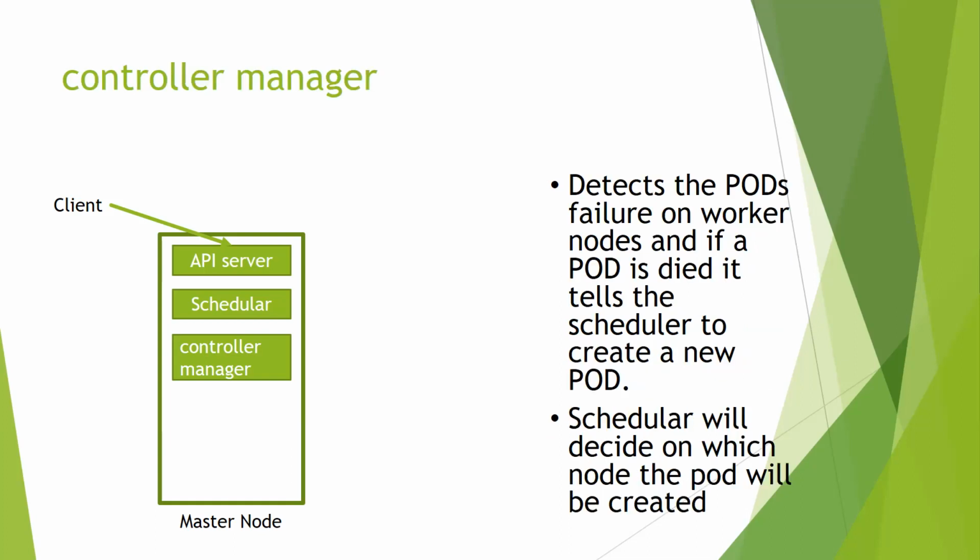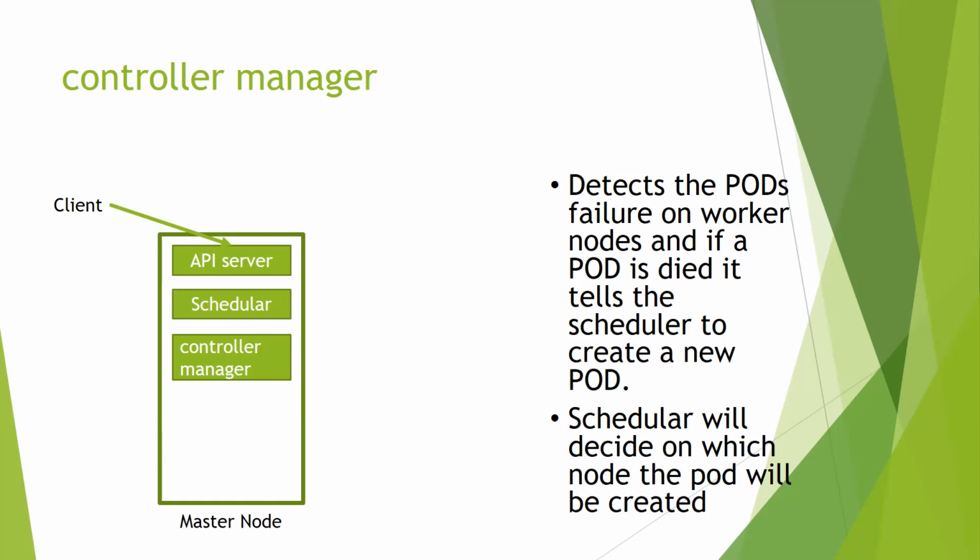So scheduler is just scheduler. The controller manager detects the pod's failure on worker nodes, and if the pod is died, it tells the scheduler. Okay, controller manager will see that a pod is died on the worker node 1. What should it do?